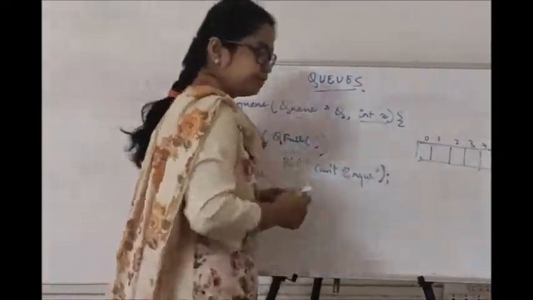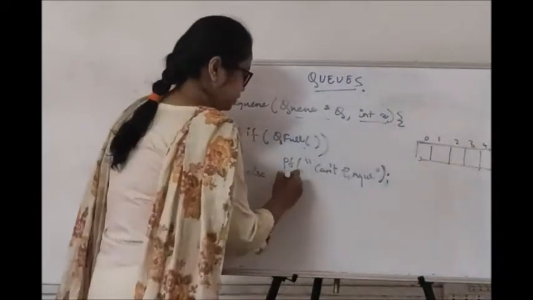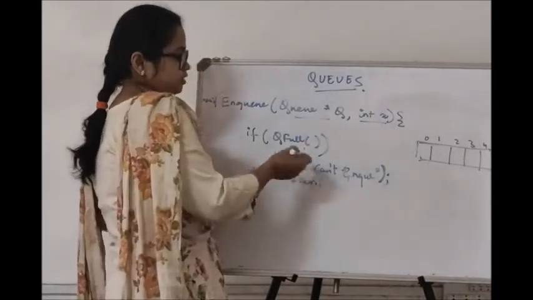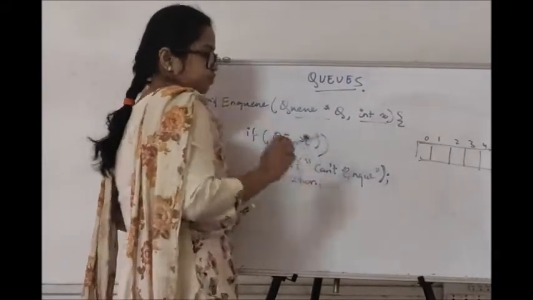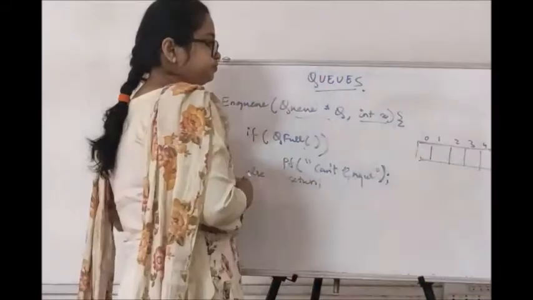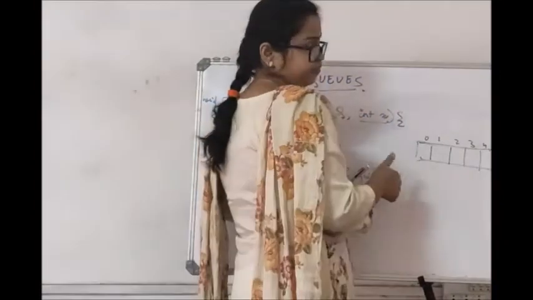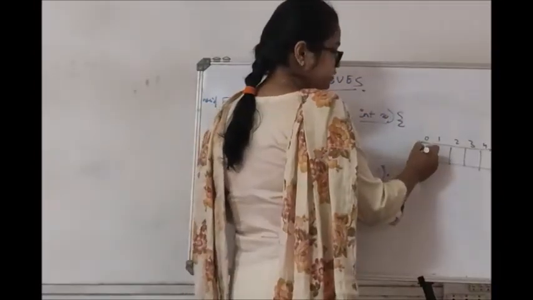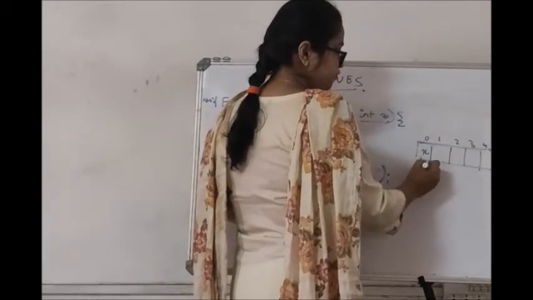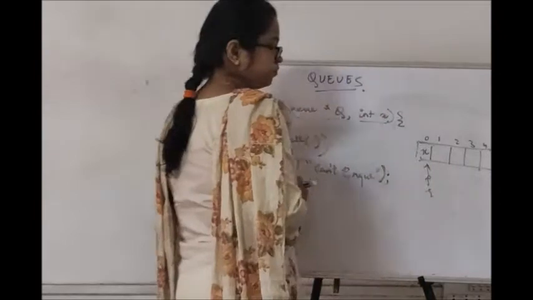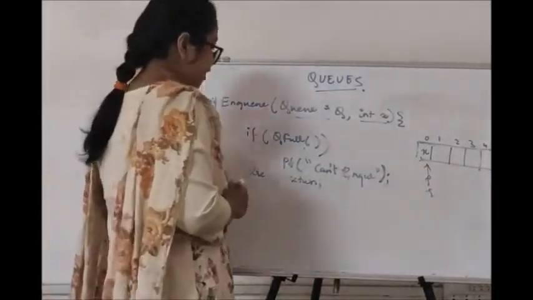We will just return. It will not do anything if queue is full. Otherwise, if it is empty, then what will happen? We will insert x into it and we will update f and r to index 0. Okay? So that we have to write.